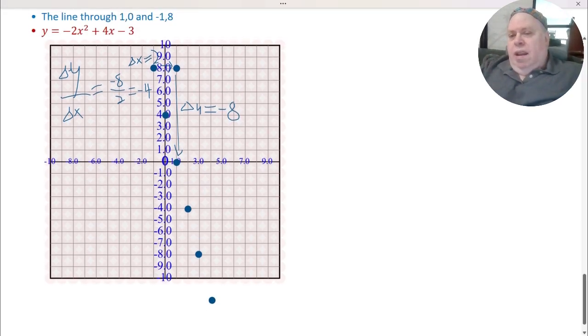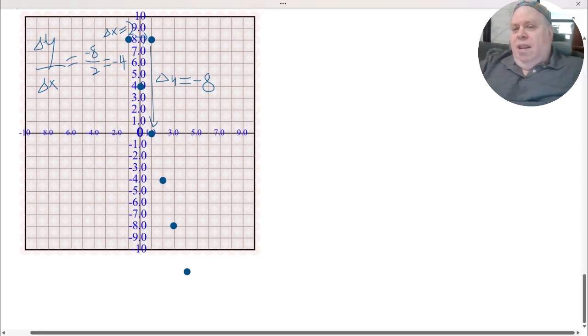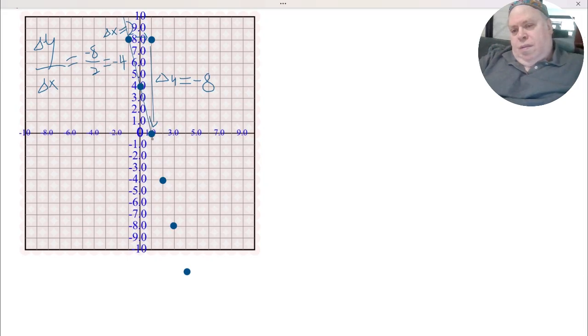And that will give me a line, nice blue line, thin blue line, as they say. We'll go like that, gives me a nice line.